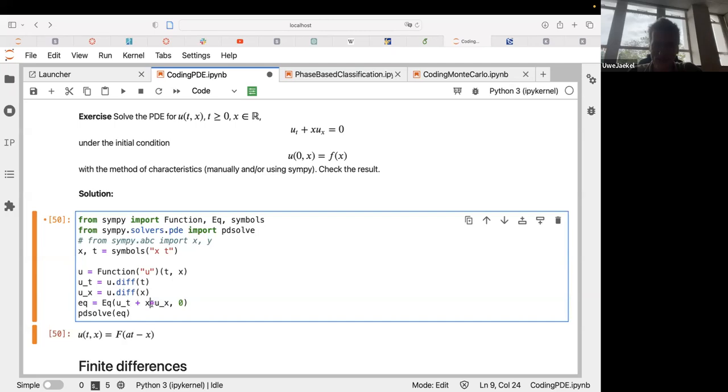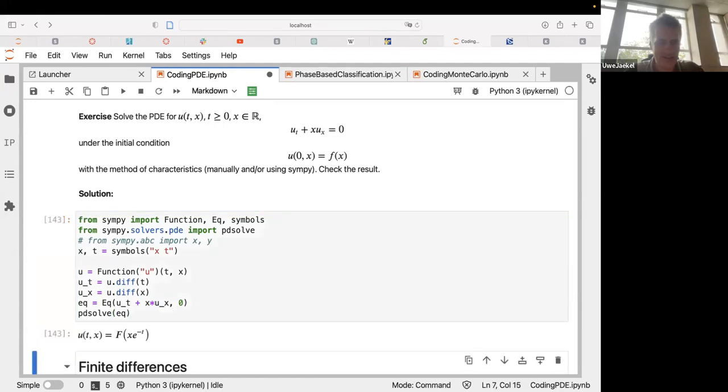So this would correspond to a velocity that is dependent on x, which means the farther you are away from the origin, the bigger x is, the bigger the flow will be. Maybe this helps us to interpret the equation later, and we can come up with a solution.